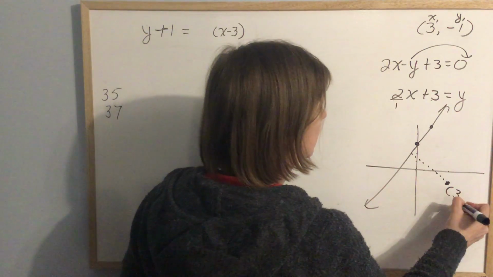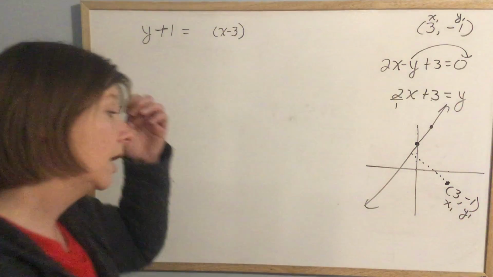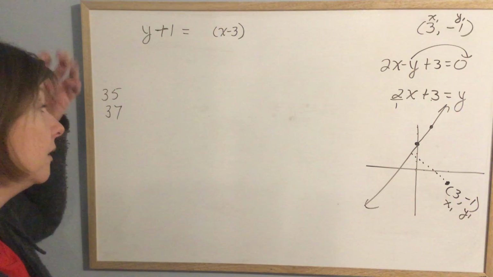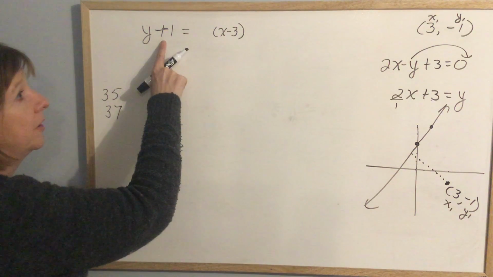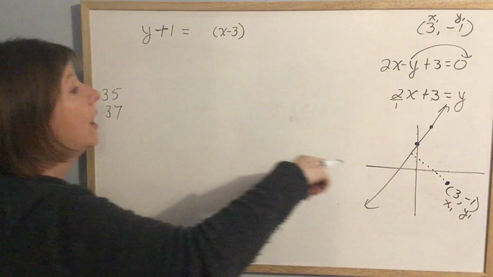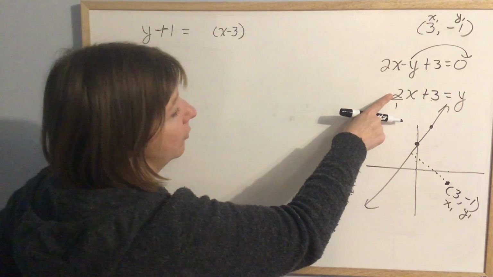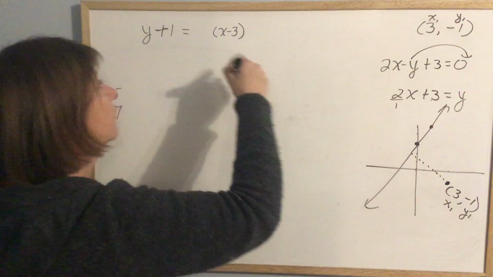So this is my 3 and negative 1, which I'm calling my x1 and my y1. So I need a slope. Up here I've already put in my y1 and my x1. And I need a slope. Here my slope is 2 over 1. So flip that over, it's 1/2. Change the sign.